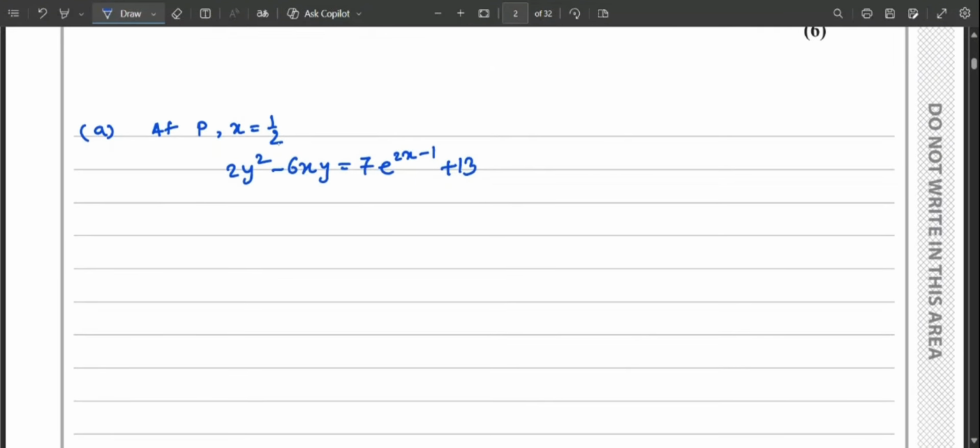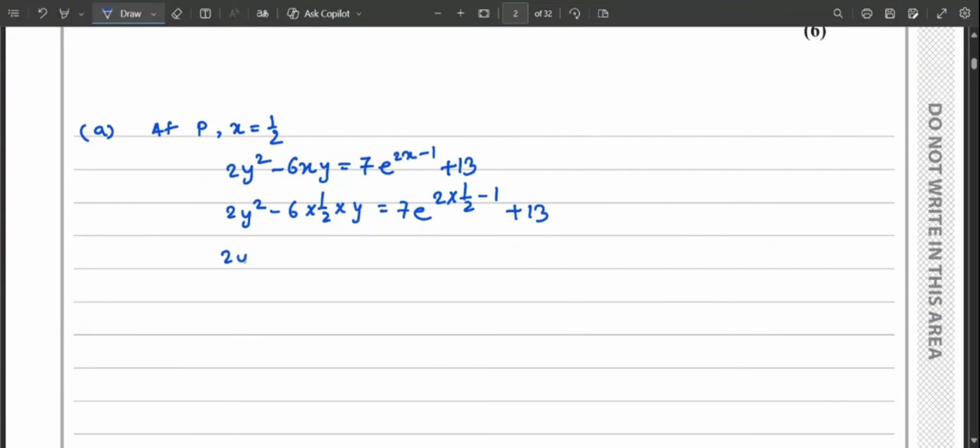Now we are going to substitute x equals half in our expression. So we will write 2y squared minus 6 into half into y equals 7e to the power of 2 into half minus 1, plus 13.